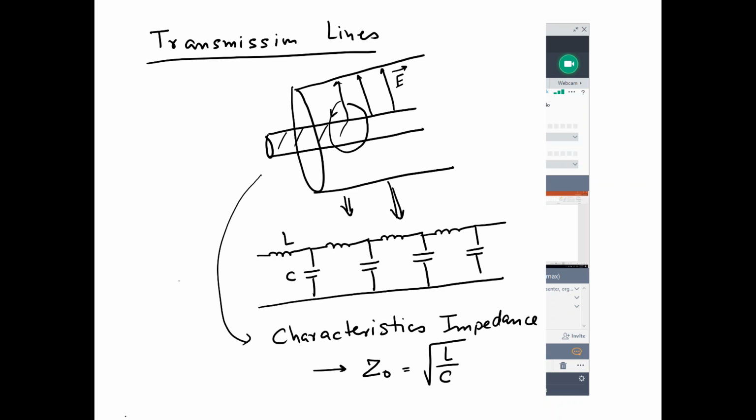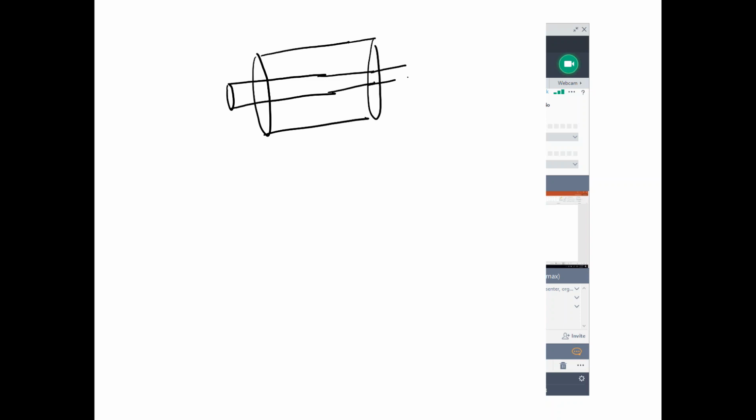Let me ask you a question. Let's see if this knowledge is complete. To see that, what do you think would happen if I have a coaxial cable feeding into, let's just say I have a coaxial cable here, and I have on another end a microstrip line.